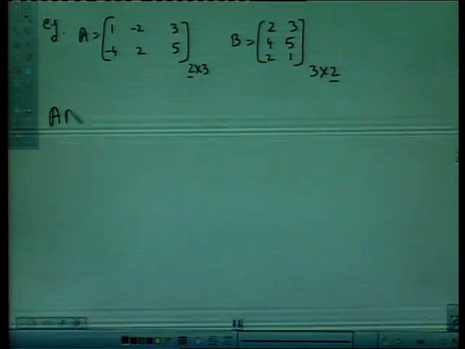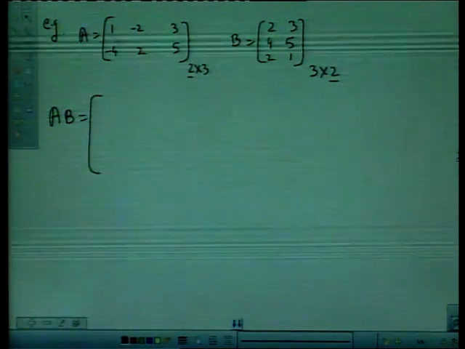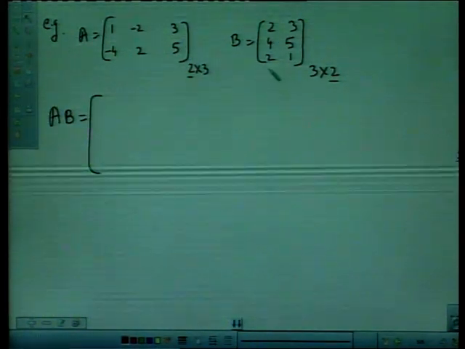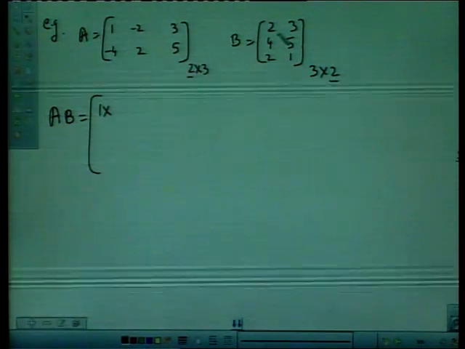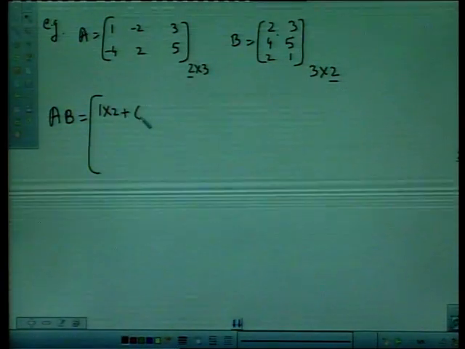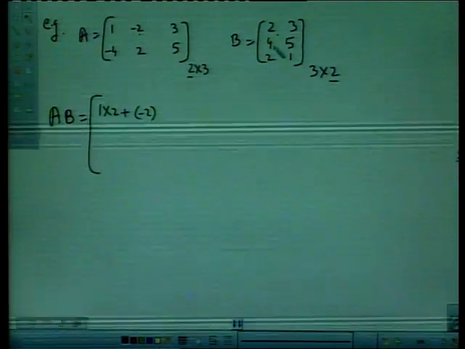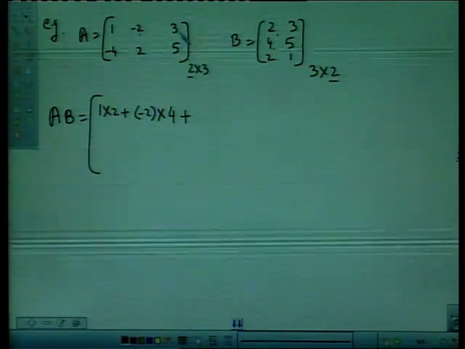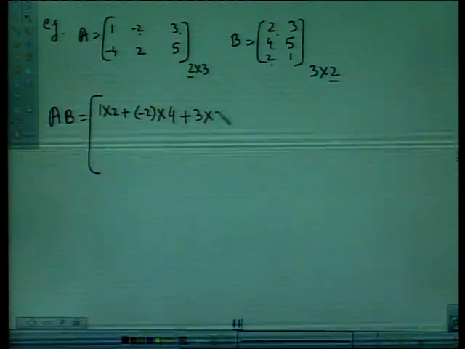Now how to multiply? First of all, we take the first row and first column: 1 multiplied by 2, plus -2 multiplied by 4, plus 3 multiplied by 2.